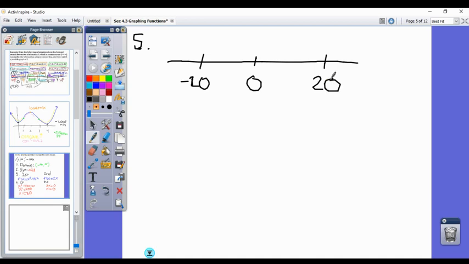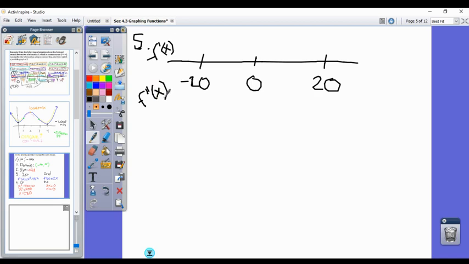All right, so just like I did the first example, I am going to do my first derivative at the top and my second derivative at the bottom. Just keeps me organized.